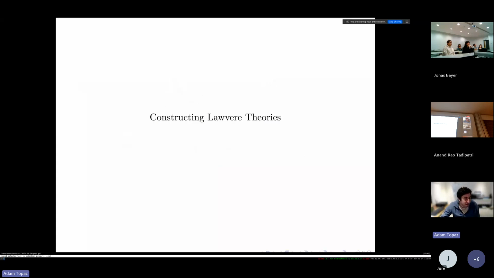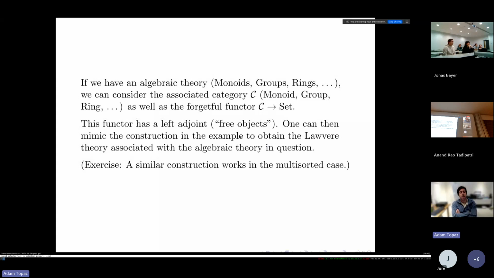Okay, so I'm going to talk a little bit about how to construct Lawvere theories. Here's the general idea. If we take an algebraic theory, like the theory of monoids, groups, rings, and so on, we can consider the category associated to that algebraic structure.